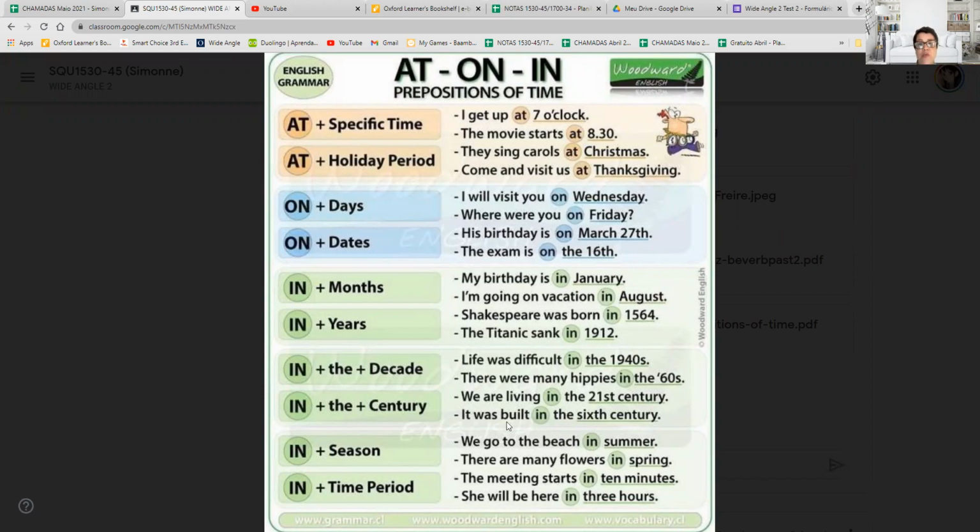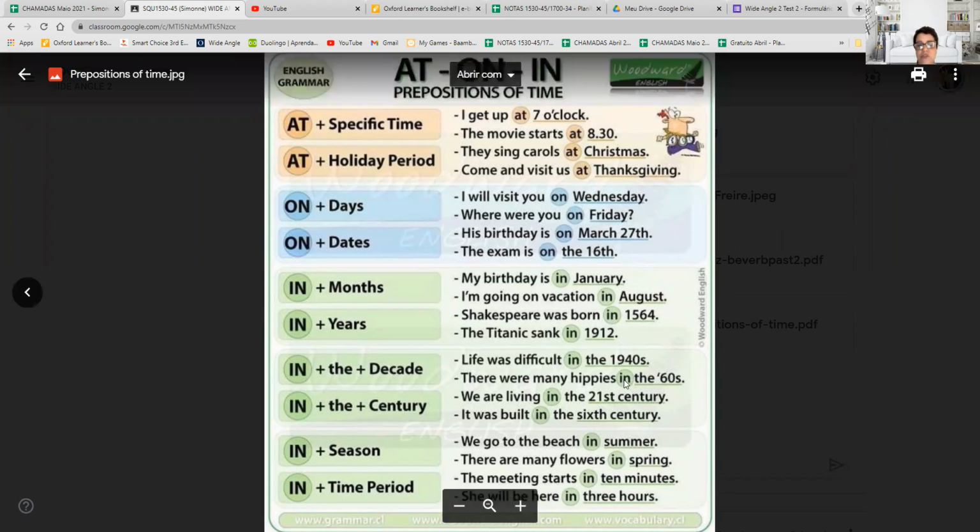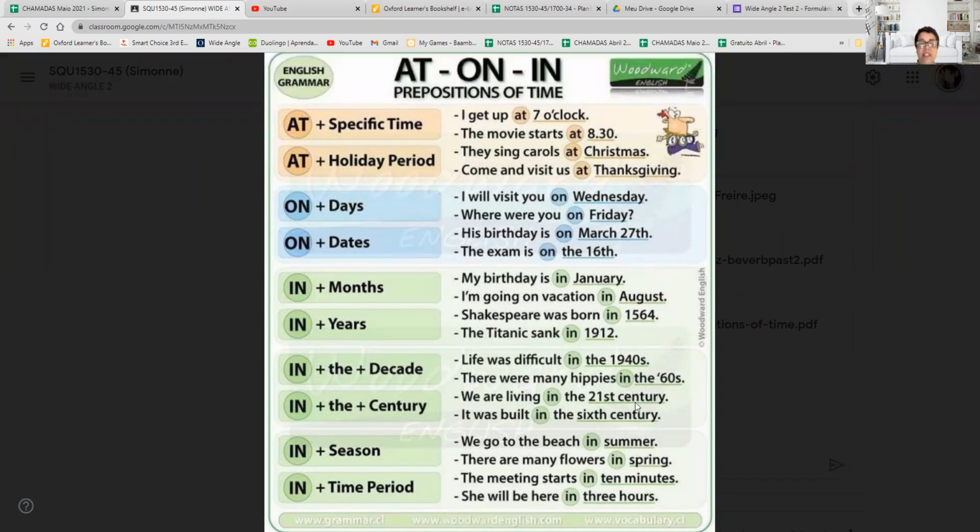It was built in the 6th century, okay? So for decades, for centuries, I also use the preposition in, okay? When I'm talking about a season, let's see. We go to the beach in summer. So it's a season, right? There are some flowers in spring, another season.